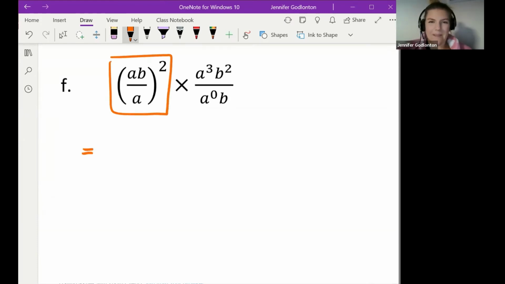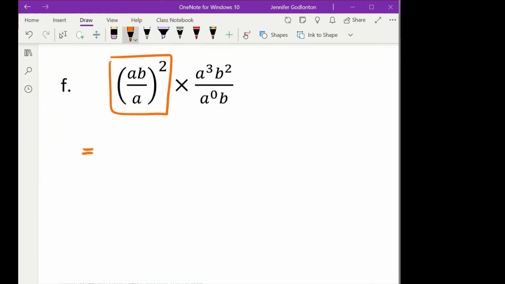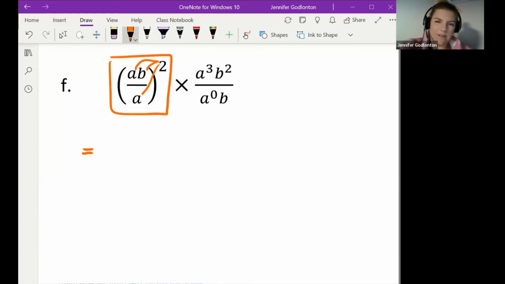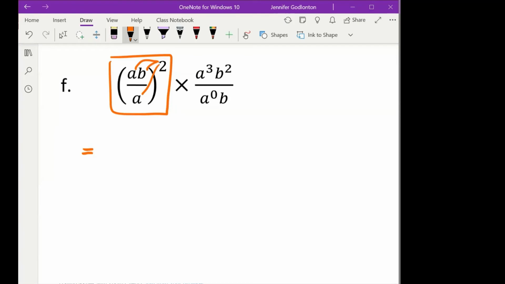First thing we do is we distribute the 2 to the numerator, and then we distribute it to the denominator too, and then we get a to the power of 2 and b to the power of 2 over a to the power of 2.